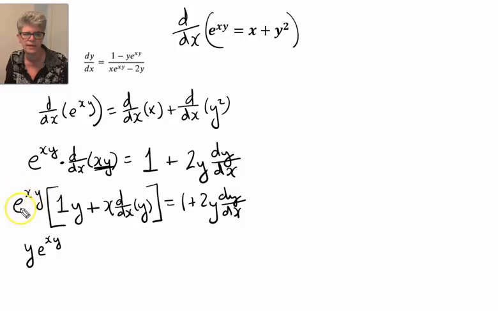Then I'm going to multiply e to the xy times x times the derivative of y with respect to x. Now that's just dy dx. So actually I'm going to just rewrite that one as dy dx.